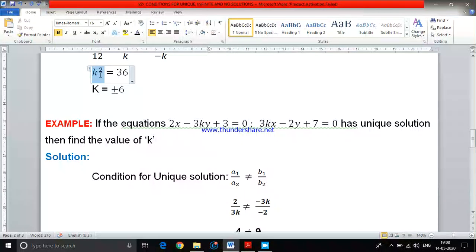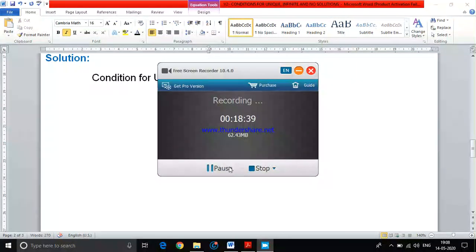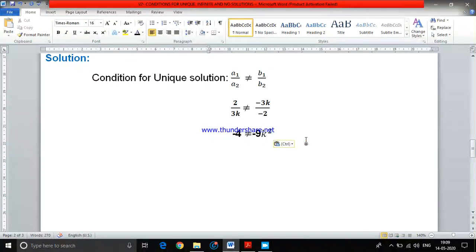So let me copy this k square term from here to here. I got minus 4 is not equal to minus 9k square. Minus minus will get cancelled.